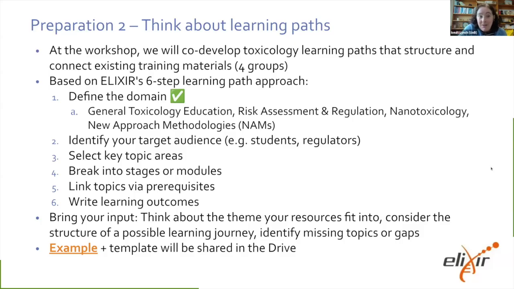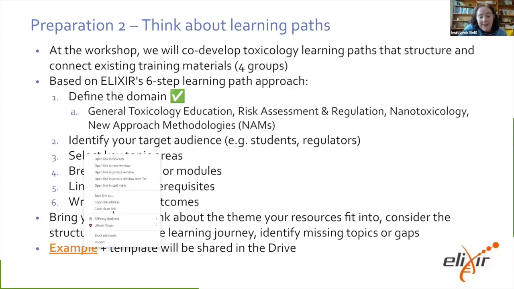So that sounds like a lot, and there is quite a bit that we need to do, but we will share both with the slides and in the follow-up email an example of a learning path that has been developed by the RDA, the Research Data Alliance, with ELIXIR.